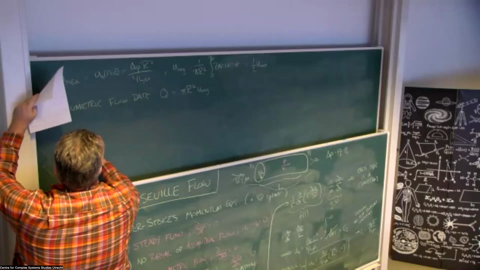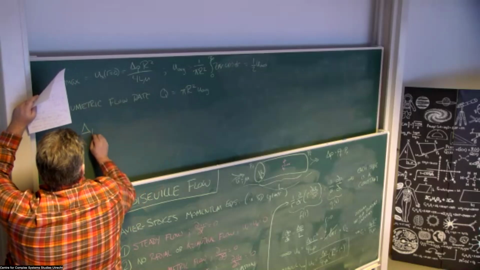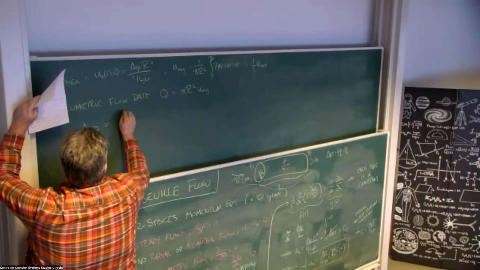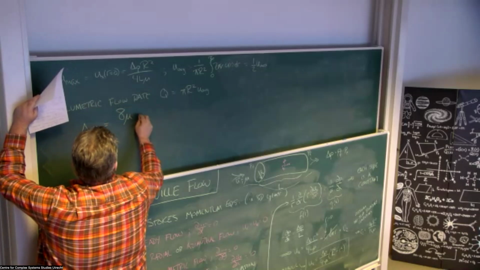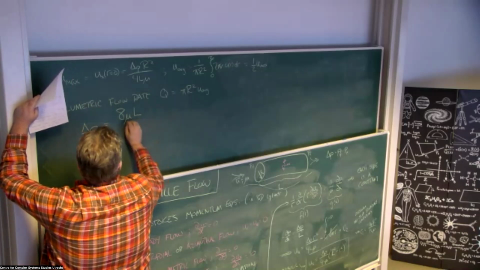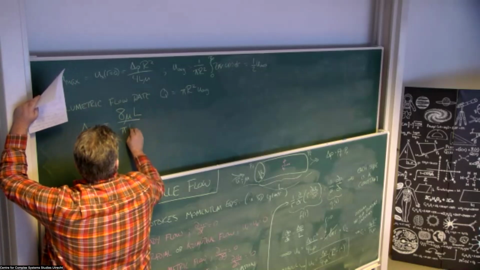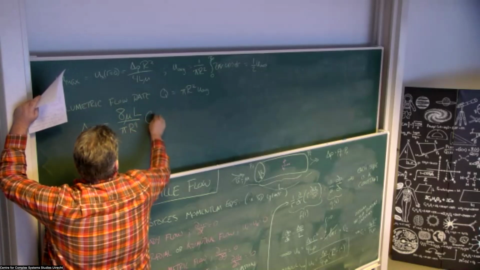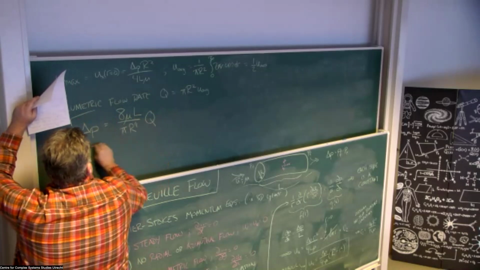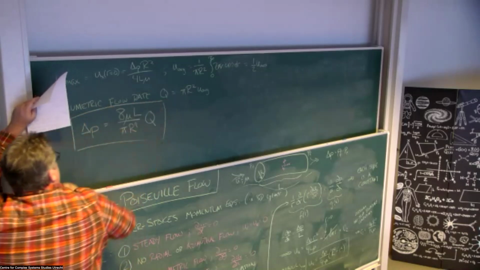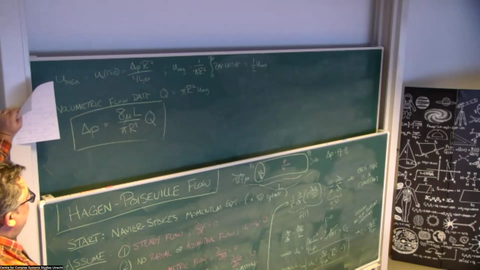And I can write it for Q, but actually traditionally you then flip it around and write it for the pressure drop. We'll just go straight there. Okay. That is the Hagen-Poiseuille equation, right?